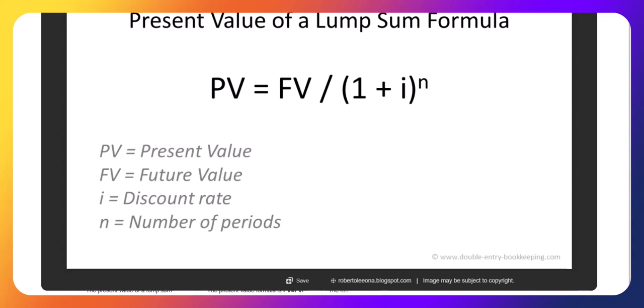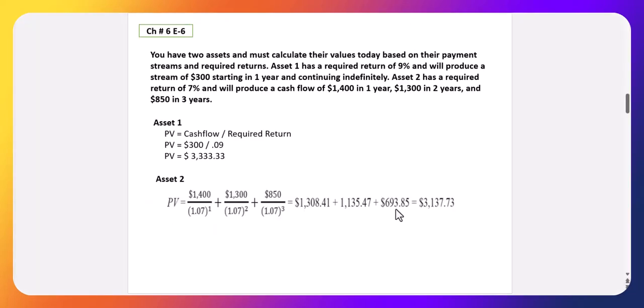So in order to calculate Asset 2, we have to utilize the formula and add each year's present value, which will derive us a final value of $3,137.73.